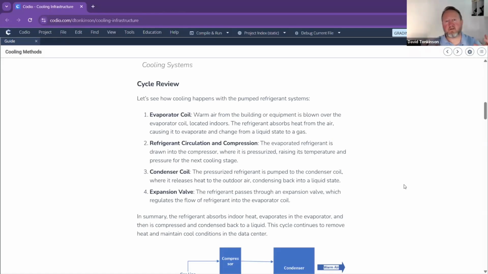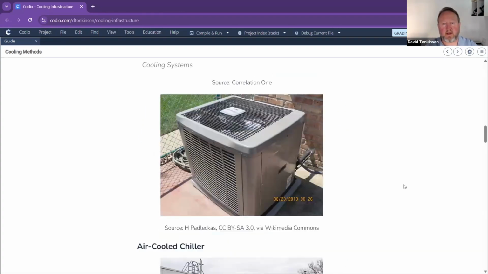So we've essentially got two things: a unit that sits inside the building and a unit that sits outside. The inside one is sucking the heat in by evaporating the coolant, and the outside one is letting the heat out by compressing it. Now we've got some good videos here to explain how that happens.